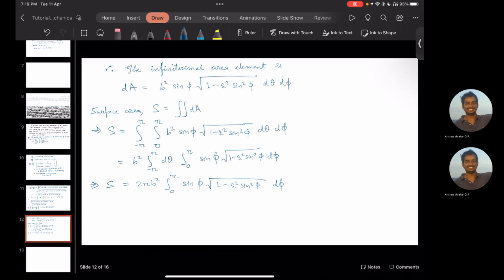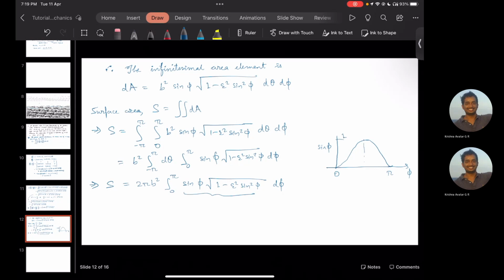Now let's utilize some of the symmetry properties here. When you look clearly, the integrand contains terms just in sine phi, over a range of 0 to pi. If I draw 0 to pi, let this be our phi axis and this is our sine phi axis, the graph goes like that. It reaches a maximum of 1 at pi by 2, and then it falls down to 0 again.